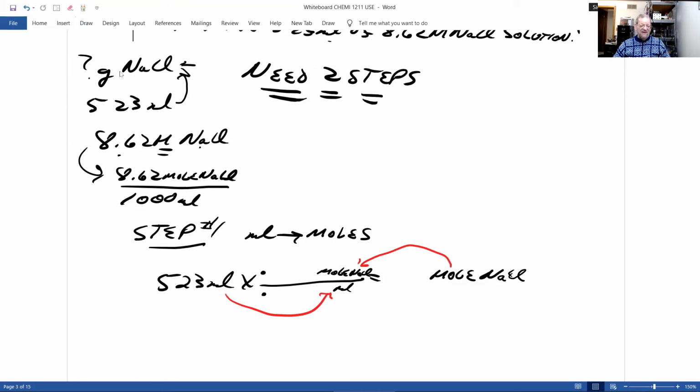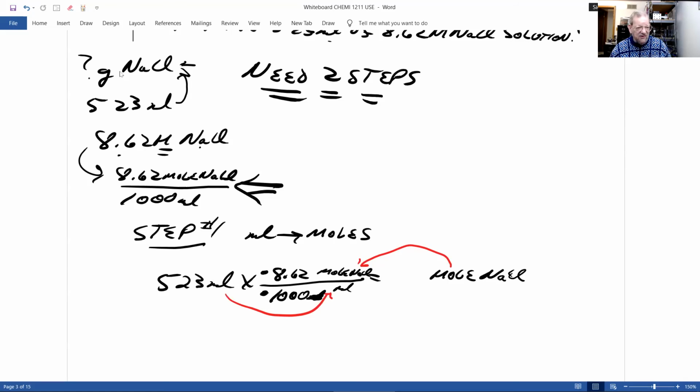Don't keep it in your head. Let us put it on the paper. Where do we get a relationship between moles of NaCl and milliliters? Right here, the molarity. When written like that, is 8.62 moles of NaCl per 1,000 milliliters.